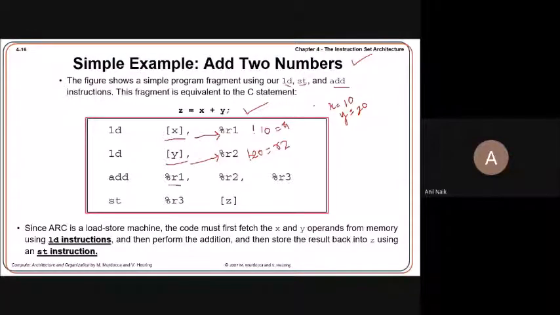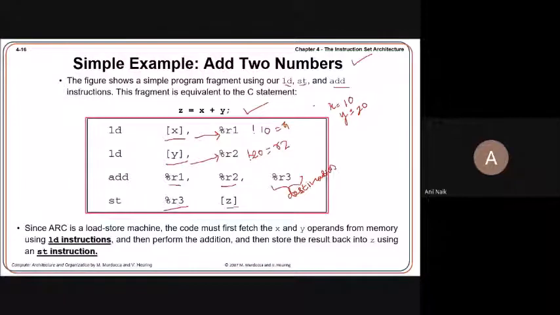Okay, now perform the add R1, R2. These are the source operands and this is the destination operand. R3 contains the result. Then storing the content of R3: in R3 is the result, right?